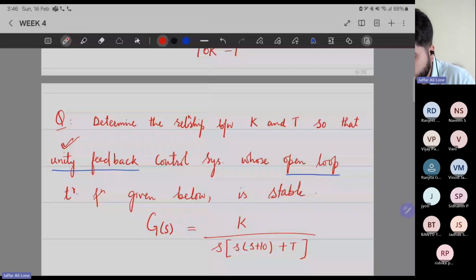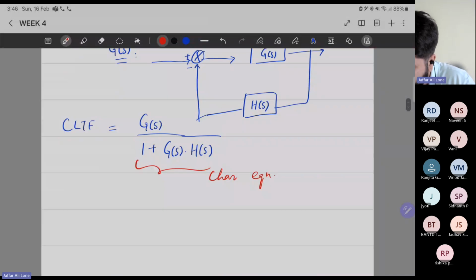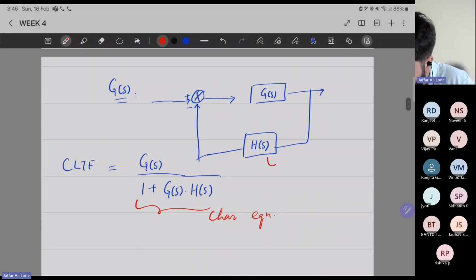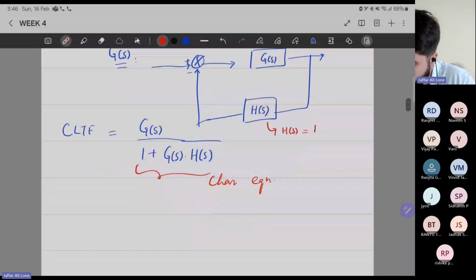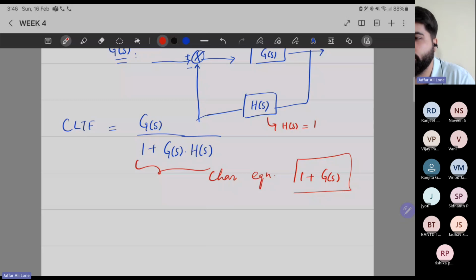So unity feedback means this H(s) is 1. So when H(s) is 1, my characteristic equation becomes 1 plus G(s), and we have to check the poles of this equation only. I have to do nothing with the closed loop transfer function; I only have to check the poles of this characteristic equation.